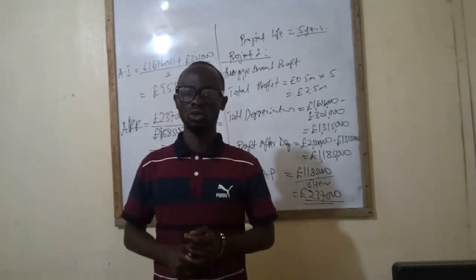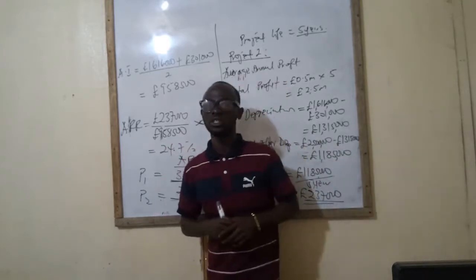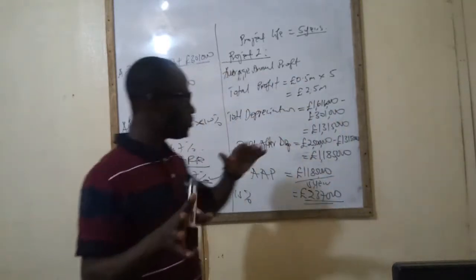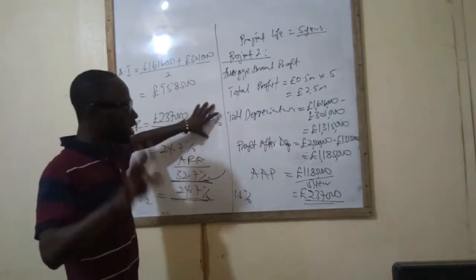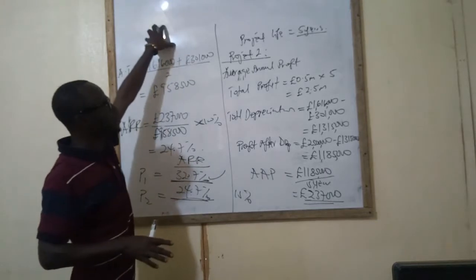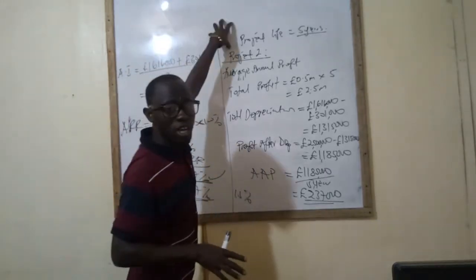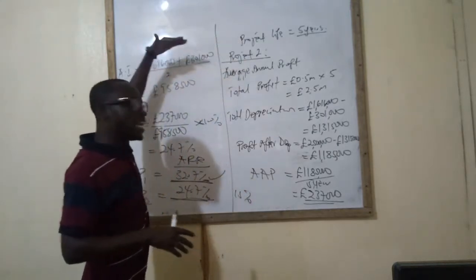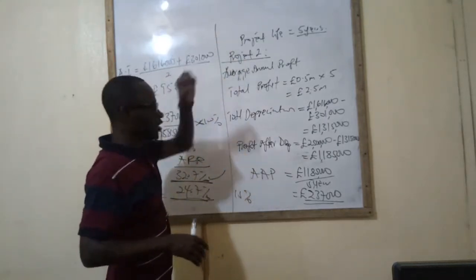So this is what you have to understand when we talk about the accounting rate of return. Very simple, down to earth. Make sure you get the illustrations right, that it is going to be the average annual profit after depreciation divided by average investment. In getting your average annual profit, three things.